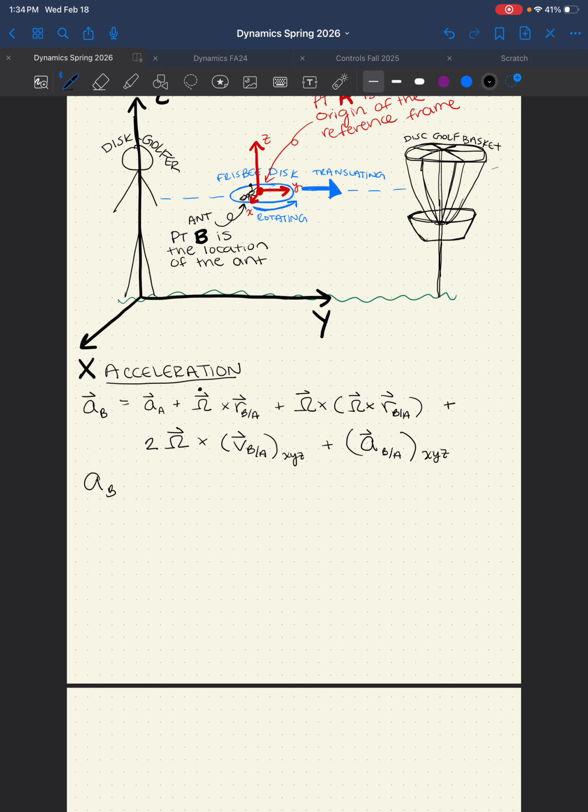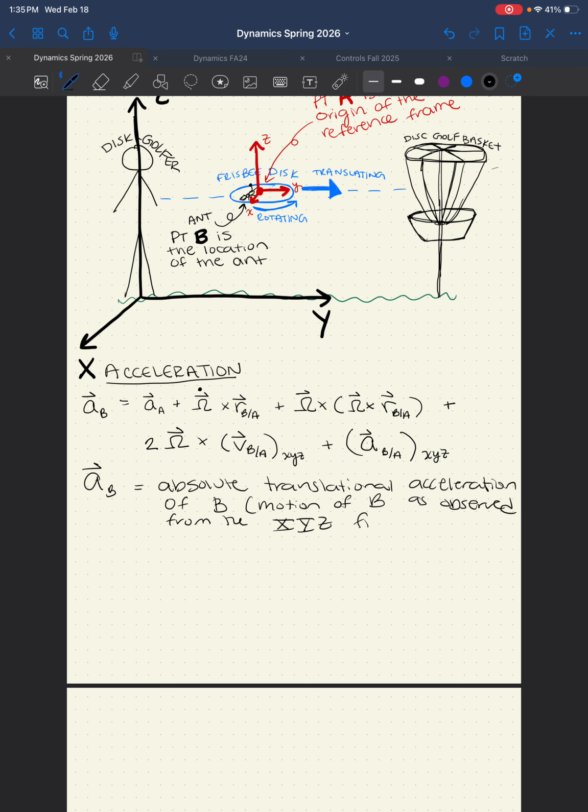Okay, acceleration of B. This is the absolute translational acceleration of B. In other words, the motion of B as observed from the big X, Y, Z frame.